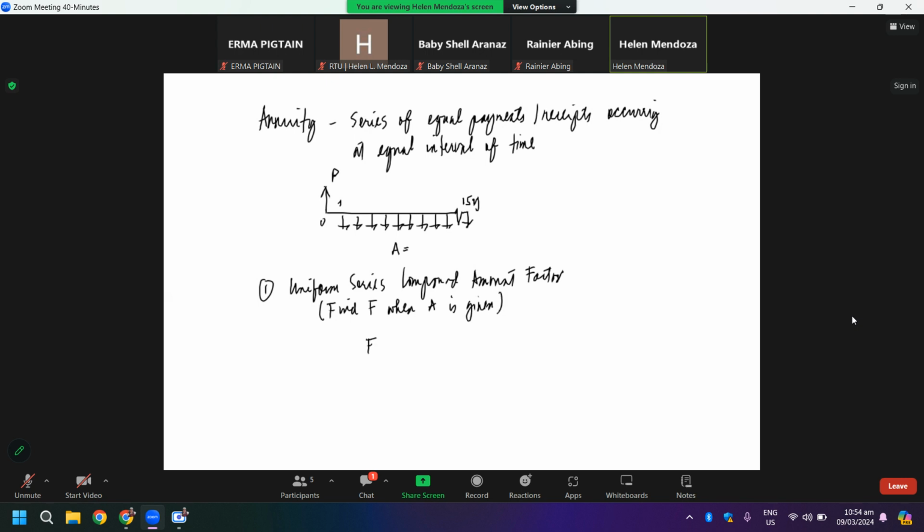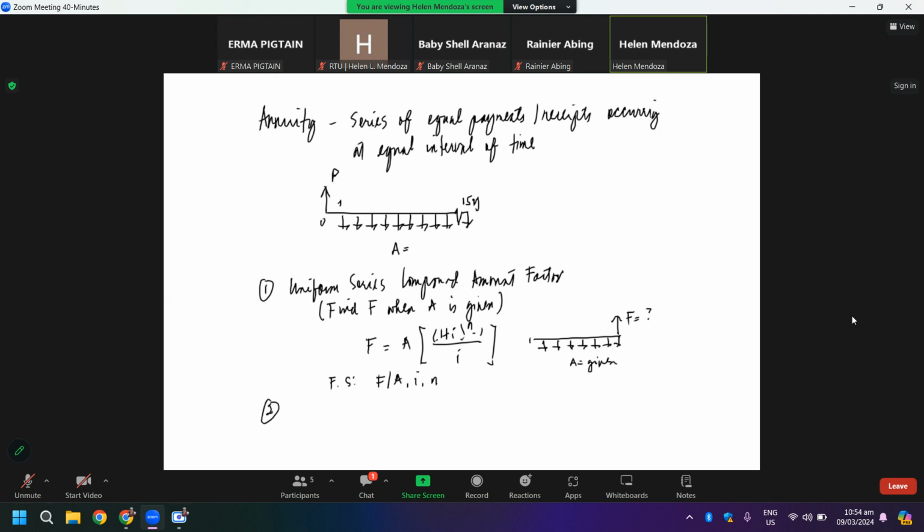So the formula is F = A [(1 + i)^n - 1] / i. For the functional symbol, this is F, read as finding F given A, i percent, n. If you draw this, then we would have, for instance, something like this. Then we would have the F. So usually A is given, then we find the value F. That is the first formula.